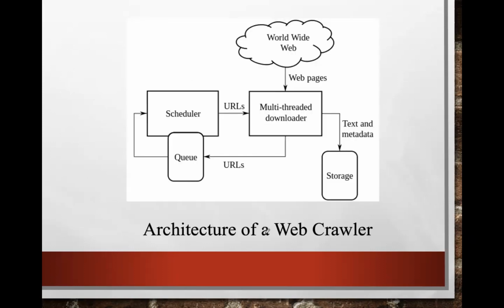This is the architecture of a web crawler. The architecture is responsible for defining how the crawler functions, what it does, and how it interacts with the websites it visits. So, what are the tasks performed by this web crawler?